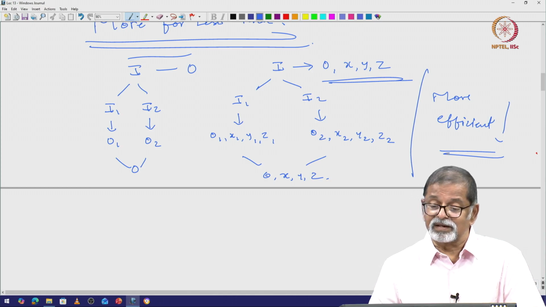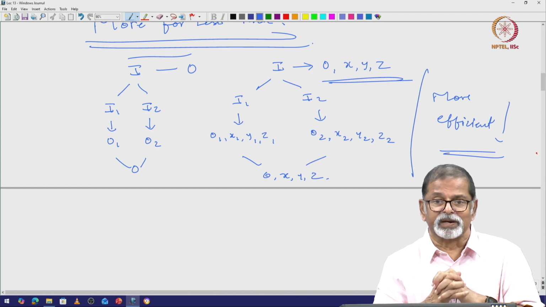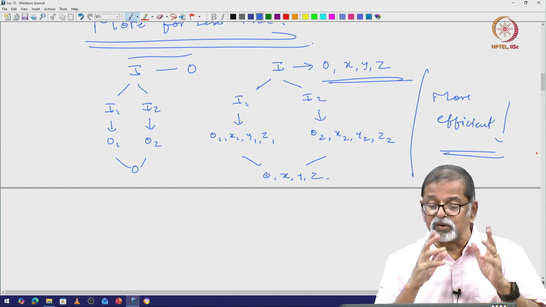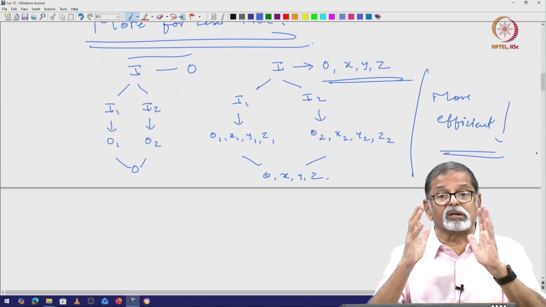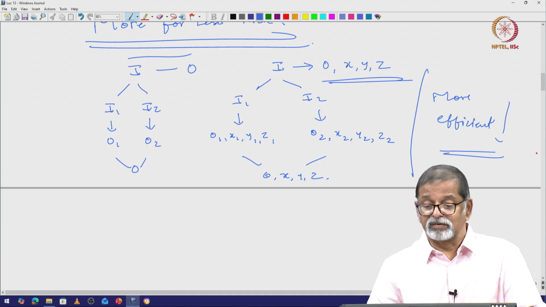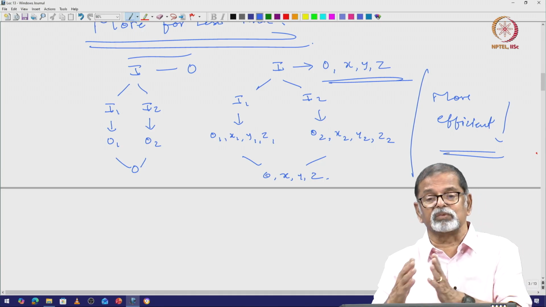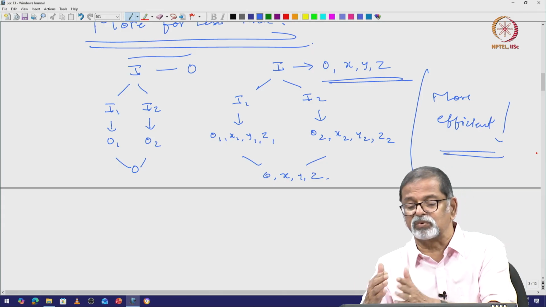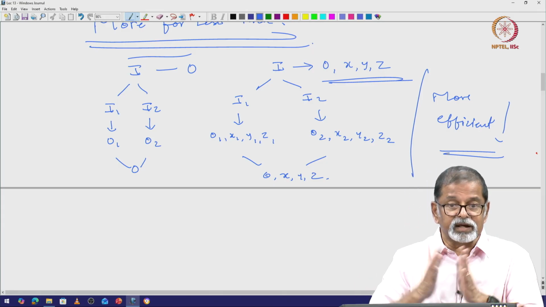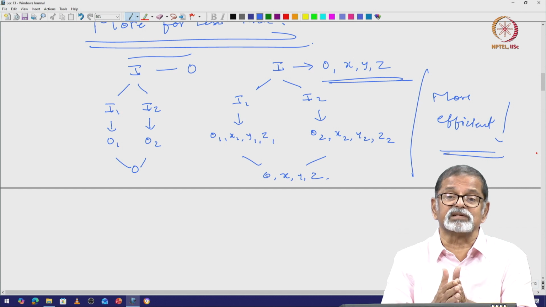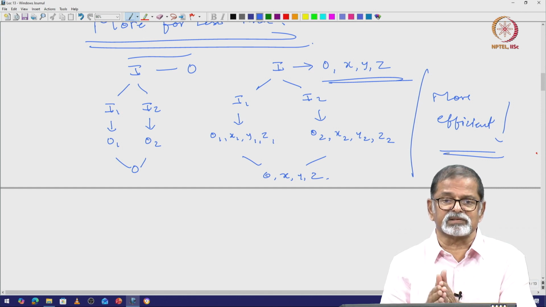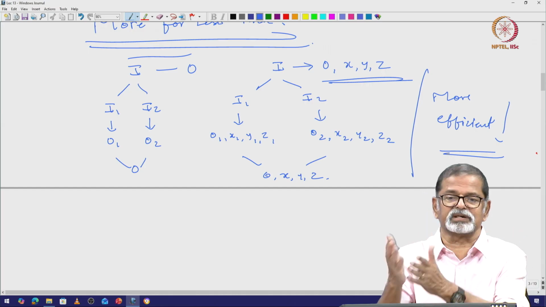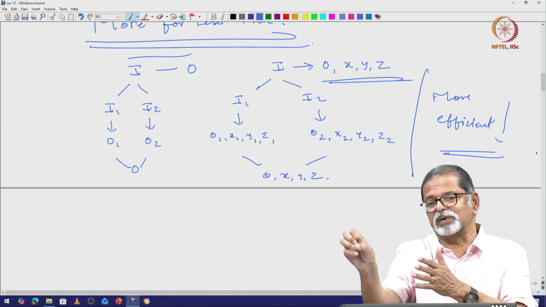Whereas it might so happen that computing O, X, Y, Z is a lot easier from O1, X1, Y1, Z1, O2, X2, Y2, Z2. In that case, the combining cost is significantly reduced. When the combining cost is reduced, the recurrence equation will have the combining cost part reduced.